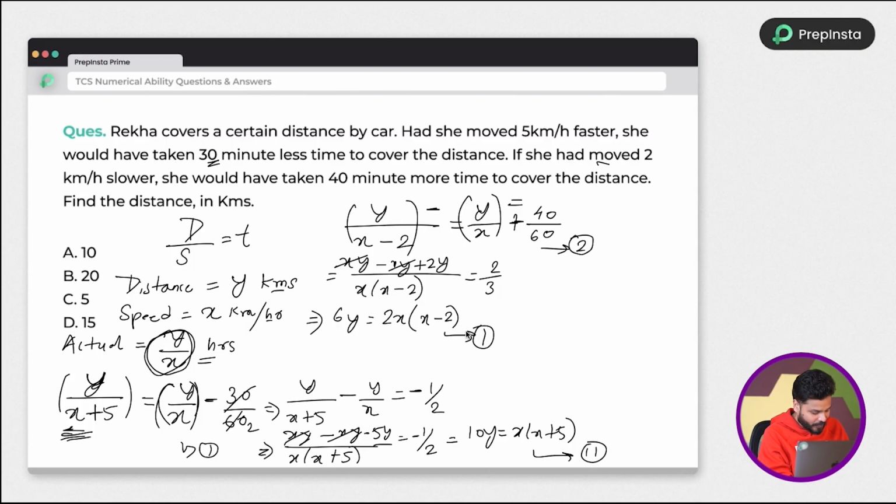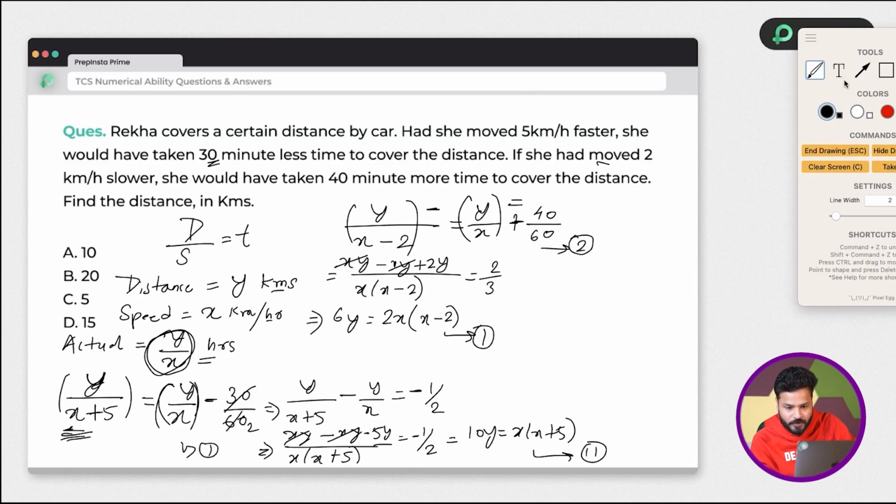So now, guys, if we have done with this, I'll just erase a few parts of this calculation, because it has become a lot messy here, right? Just give me 1 second, guys.